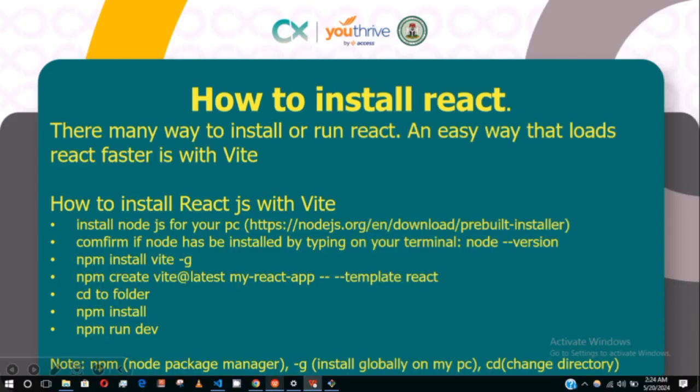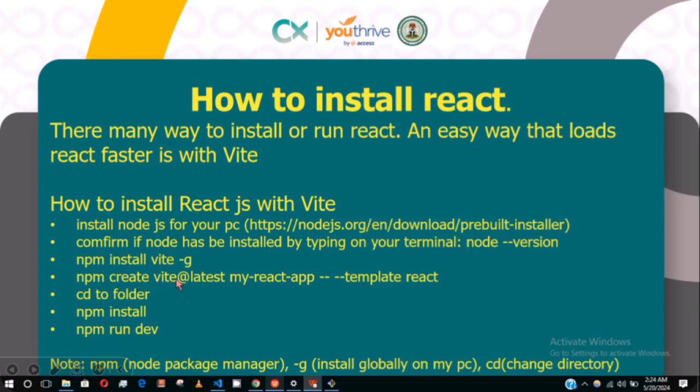So next we move to the next step, which is npm install vite -g. Now what this does is it helps us to install the Vite package globally on our PC, so that we can use it for the next step. And I'm going to demonstrate all this, but I'm just explaining the steps.